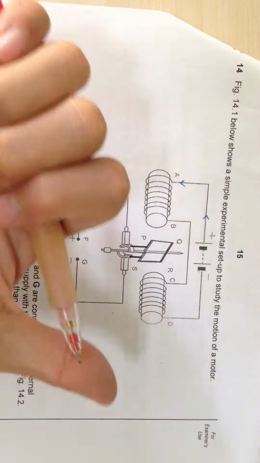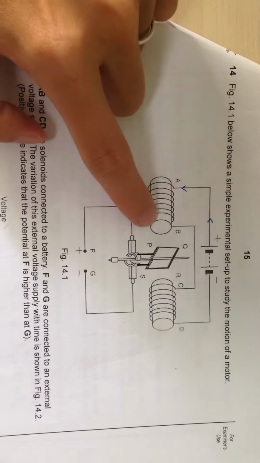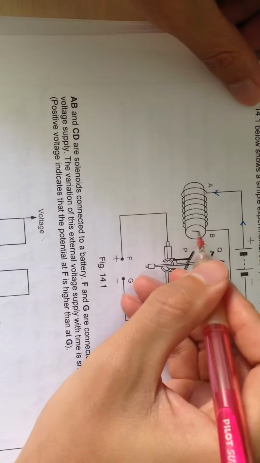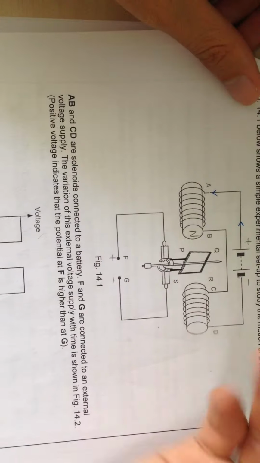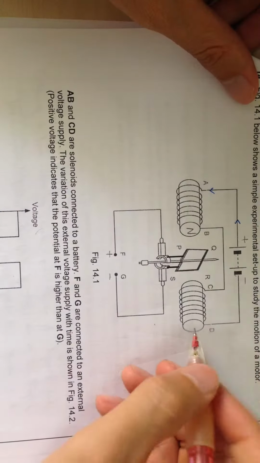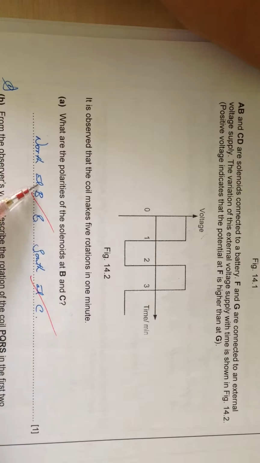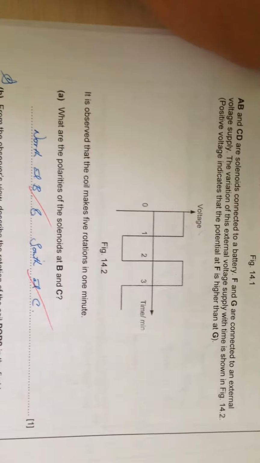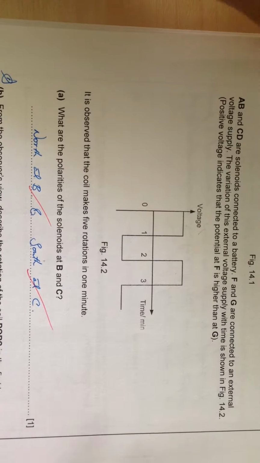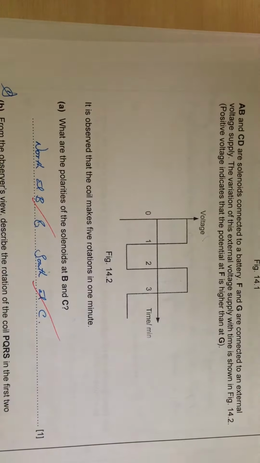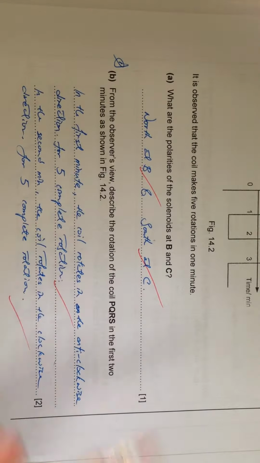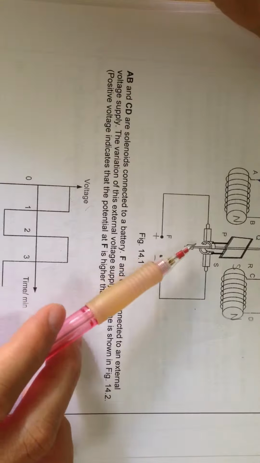So that's why my north pole is actually at B. So my B will have a north pole. Similarly, if you use your right hand grip rule, you will notice that north is here, meaning that south is here. So when you answer the question, please indicate carefully north is at B and south is at C. Otherwise, you enter the gray area and I don't know whether the marker will be strict or not. Okay, so what will happen to the rotation of the coil?